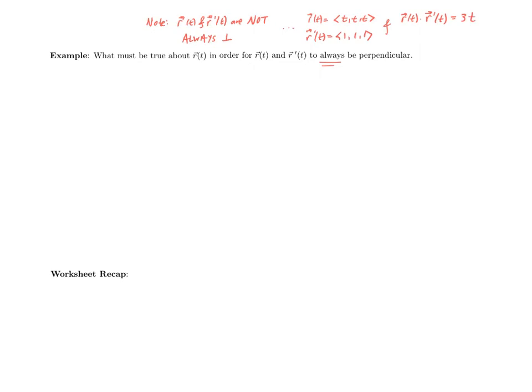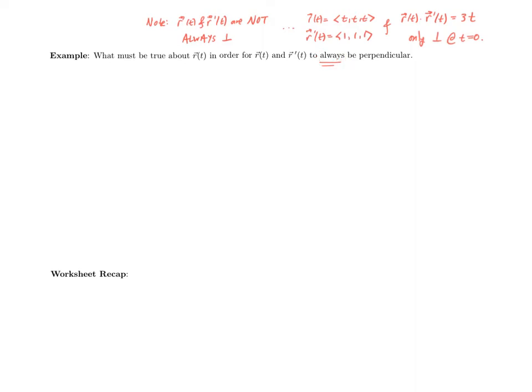Multiply those corresponding components and add them up. In order for this pair of vectors to be orthogonal or perpendicular to each other, their dot product would have to be 0. But their dot product is only 0 when t is 0. So let's note: only perpendicular or orthogonal at t equals 0. So certainly not perpendicular always.